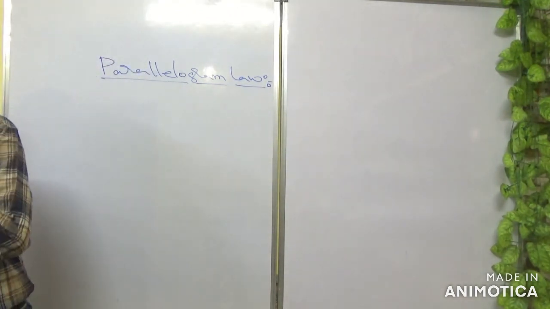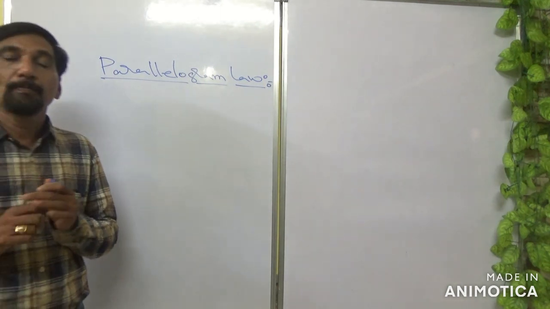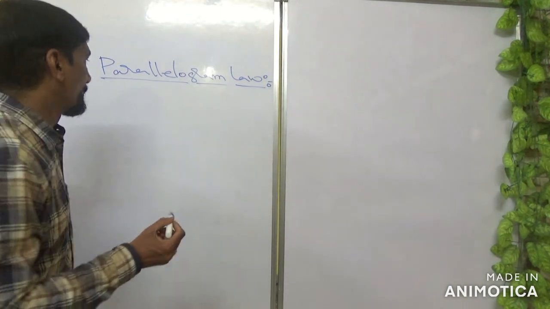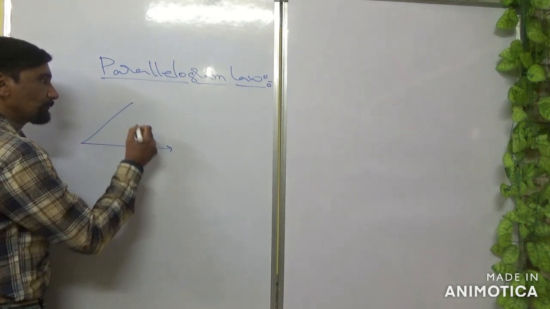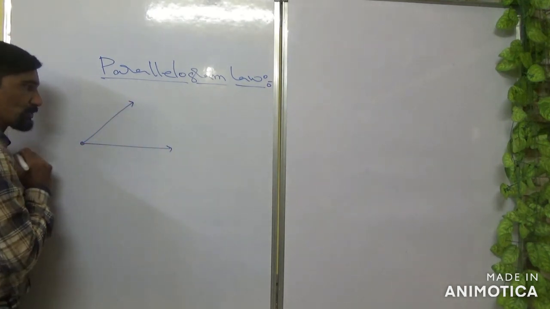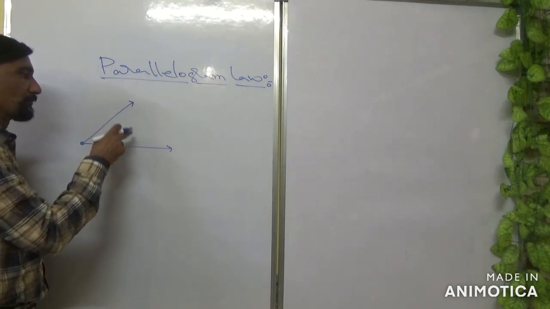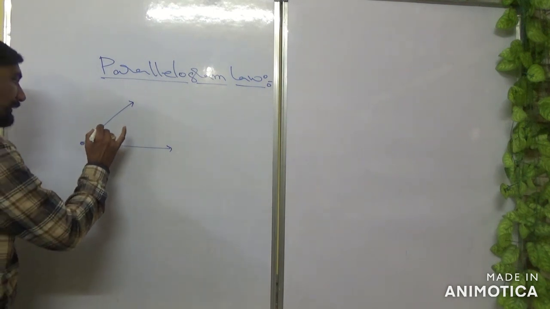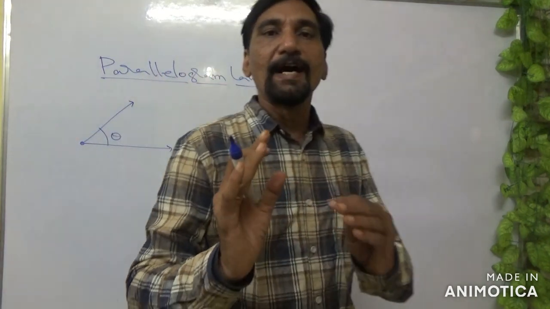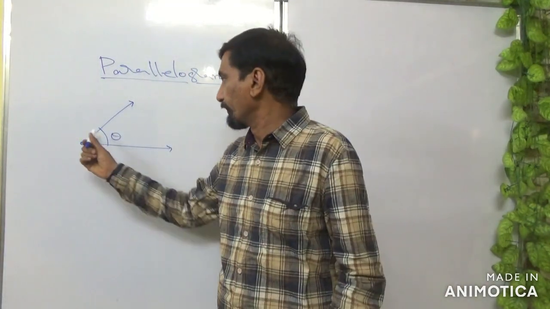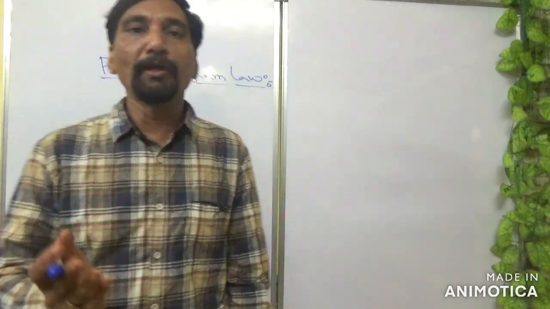Co-initial means, remember, the initial point must be the same. Say there are two vectors like this, having the same initial point, starting from the same point, inclined at an angle theta. In order to know the addition of two vectors when they have the same initial point.